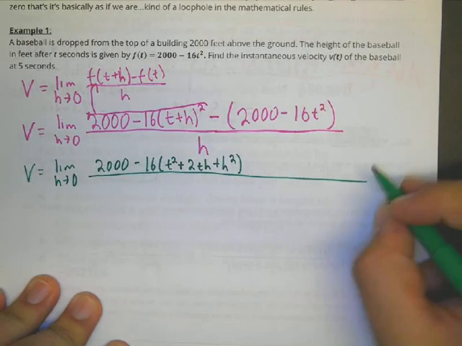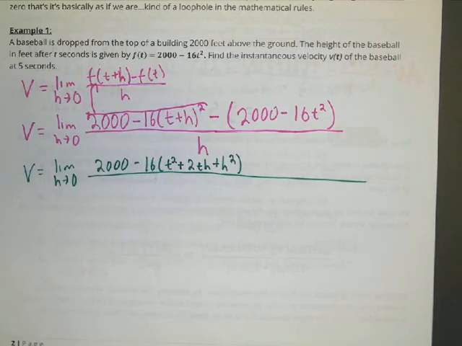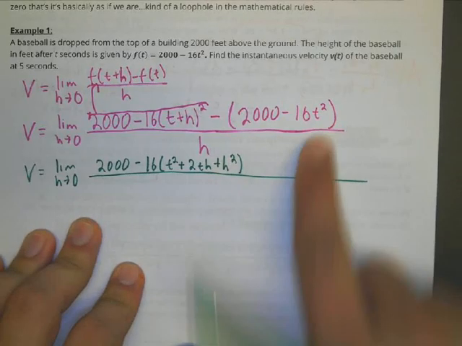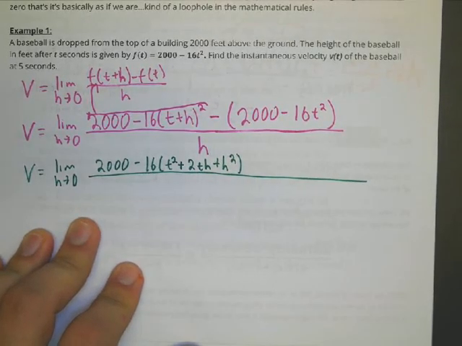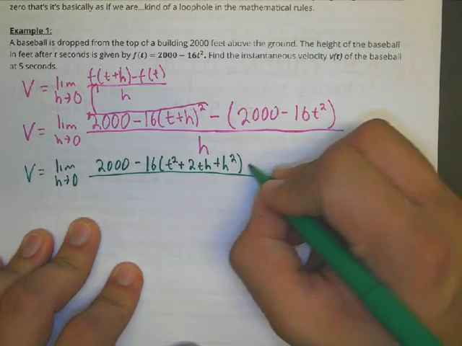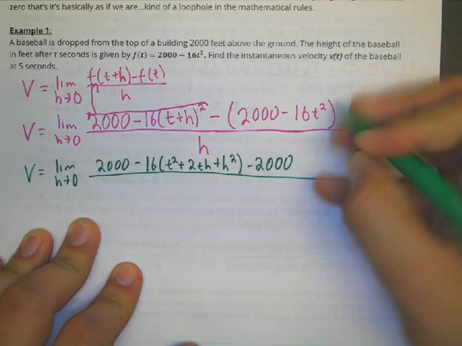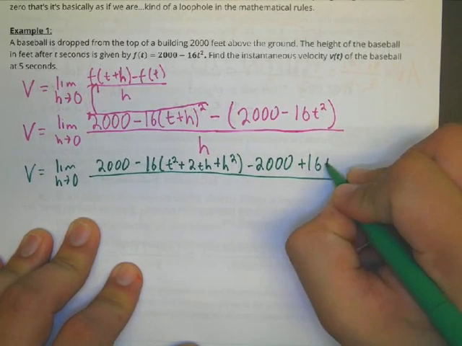Yep, and that's a bit faster of a way. You just instantly get it. Also, if it's a minus sign in the middle, this is going to slightly change to where the 2 in front is negative. So just keep that in mind, if you choose to go that route. All right, what else do we need to do? Yeah, let's distribute that negative. Plus 16t squared over h.